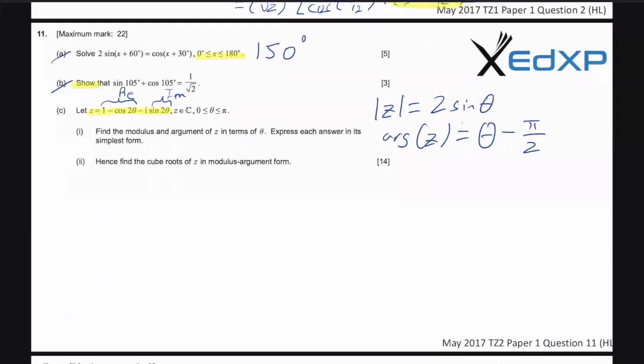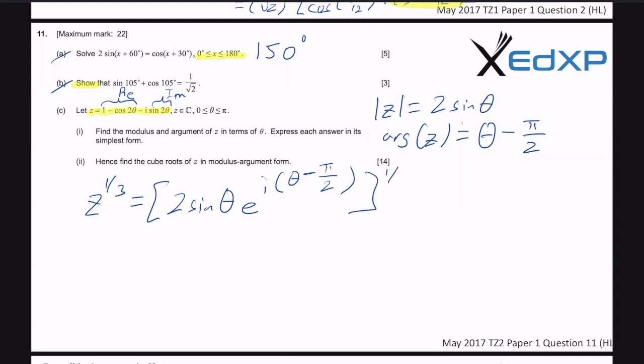So to find the cube roots of z, we take z to the 1/3. Let's write z down first. So z is 2 sine theta e to the i of my argument, power 1/3. Using De Moivre's theorem, we power the modulus. This is paper 1, so we can't really solve the actual values.